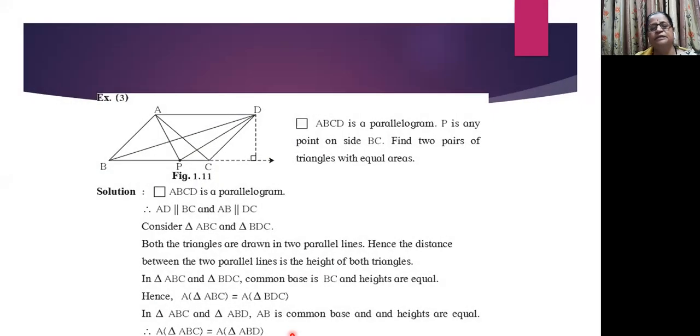Next example, see the parallelogram. This is a parallelogram, and in this, P is any point on the side BC. Find the two pairs of triangles with equal area.